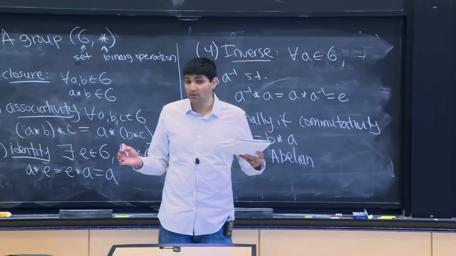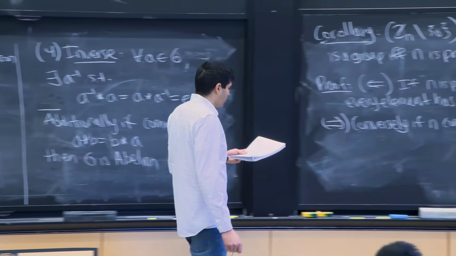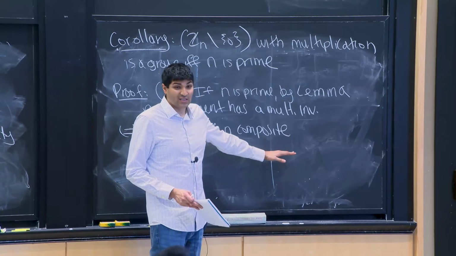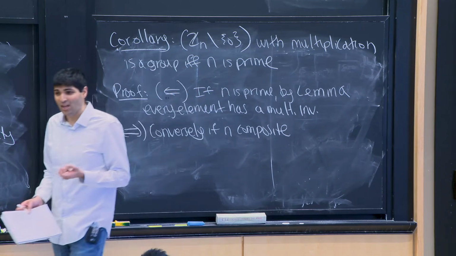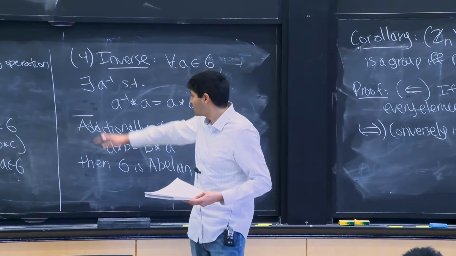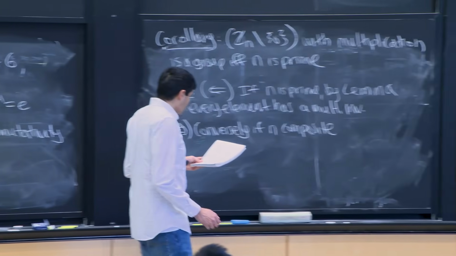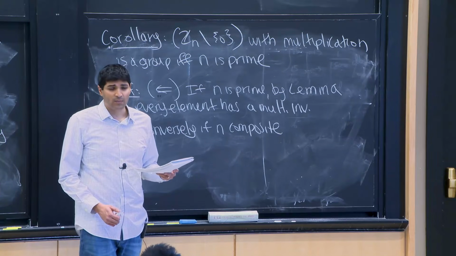But let's prove that if n is not prime, if it's composite, then we don't have a group. How am I going to prove that this is not a group? I'm going to construct an element that doesn't have a multiplicative inverse, because that's where all the action is happening in the proof of this corollary. So any guesses for what kind of element might not have a multiplicative inverse?